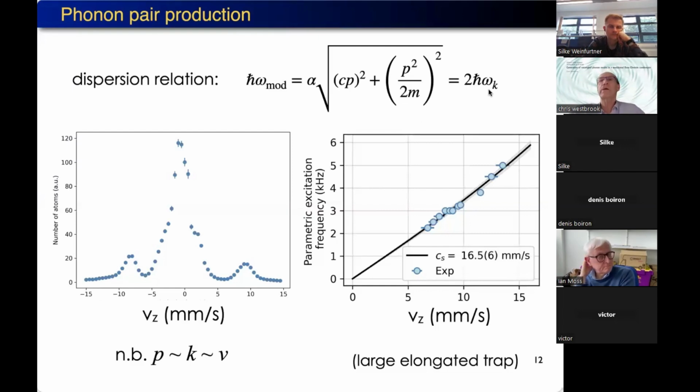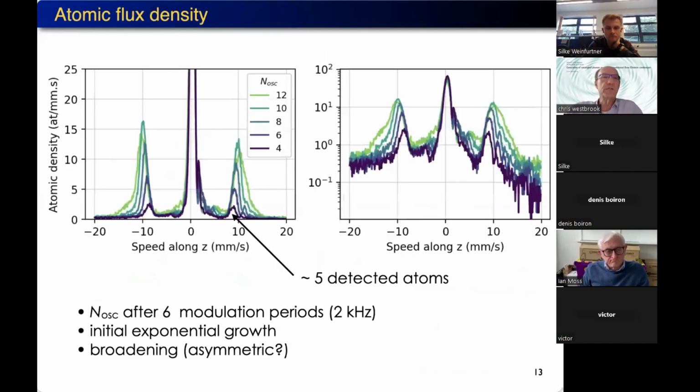Once you have this alpha, you can figure out the speed of sound. Here's an example where the speed of sound was 60 millimeters per second. Later examples are going to have somewhat smaller speeds of sound because we worked at lower density. So there you have the dispersion relation.